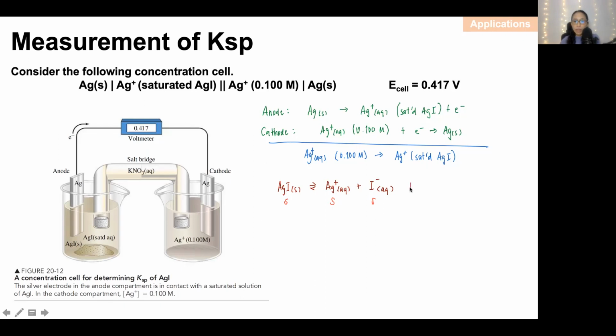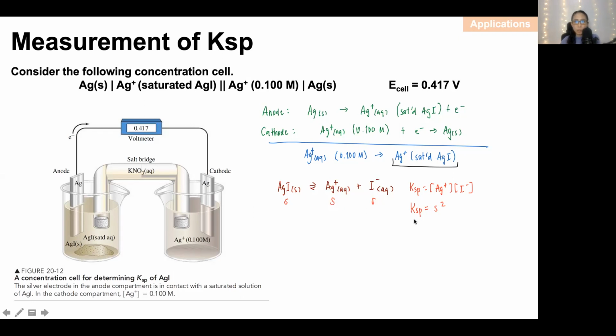So KSP is written as the concentration of silver ions times the concentration of iodide ions. In terms of solubility, KSP is equal to S squared, which means through this concentration cell, you can get the concentration of silver ions. That is your S.